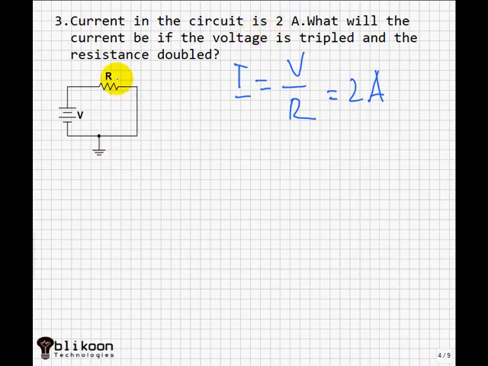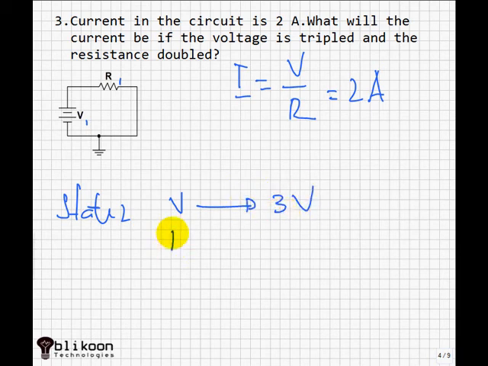Let's say that it was in state 1, the state that gave 2 amps. It was V1 and R1. We go in state 2, where V becomes 3V and R becomes 2R, because the voltage triples and the resistance doubles.